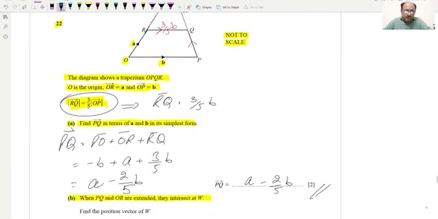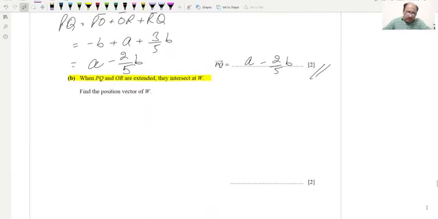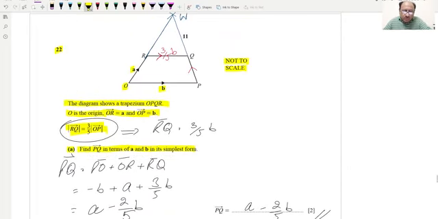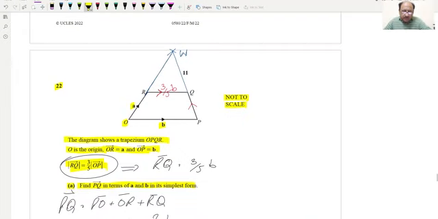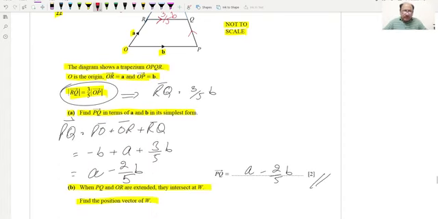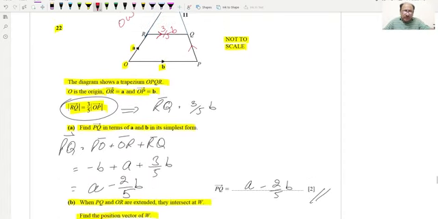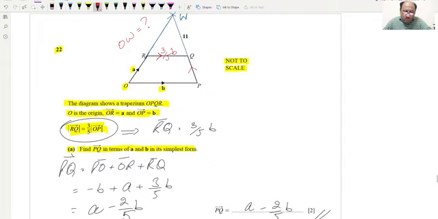Now what we have to do, find the position vector of OW. So OW is basically required. So what we can do, we can write the equation.